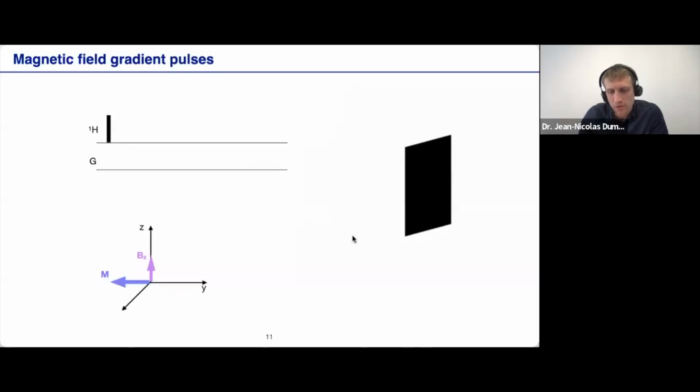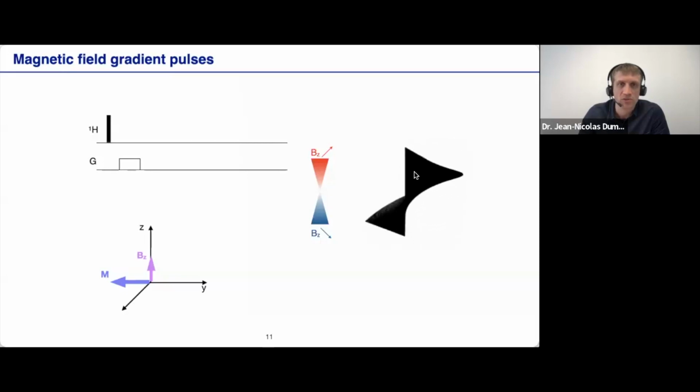Now we can look at what happens to the nuclear spins as a function of time when a magnetic field gradient is applied. For this, we'll look at an animation. What we're seeing here is a stack of magnetization vectors corresponding to different z positions along an NMR tube. They are in the transverse plane because a 90-degree excitation pulse has just been applied. Now we can look at what happens when a magnetic field gradient pulse is applied, such that the precession frequencies vary as a function of position.